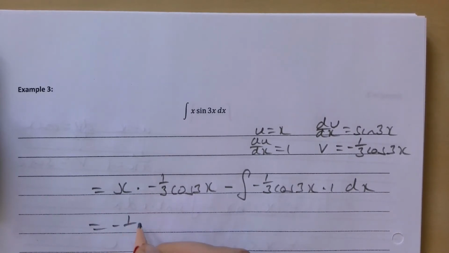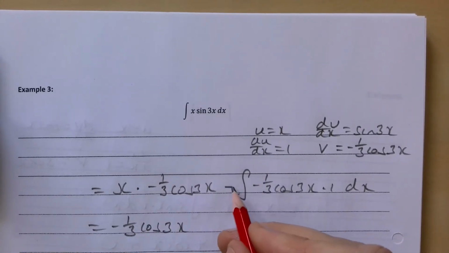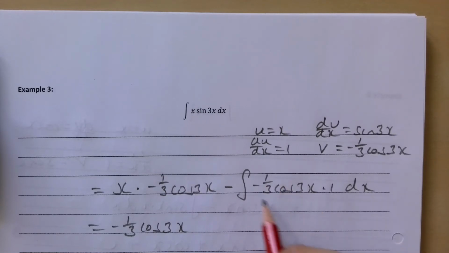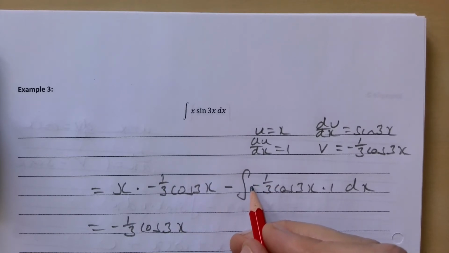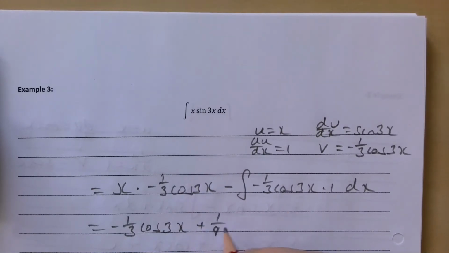Tidying this up is minus a third x cos 3x, and that's a minus minus, which gives us a plus. If you integrate cos you get a positive sign, so it's going to be plus a 9th sine 3x plus c, and I'm happy to leave it like that.